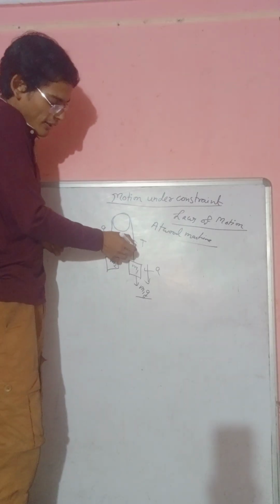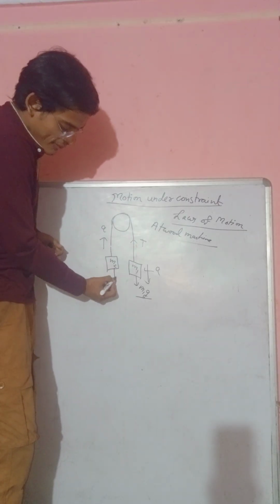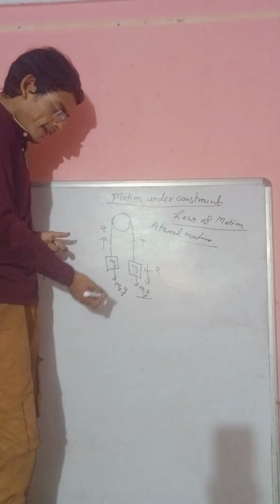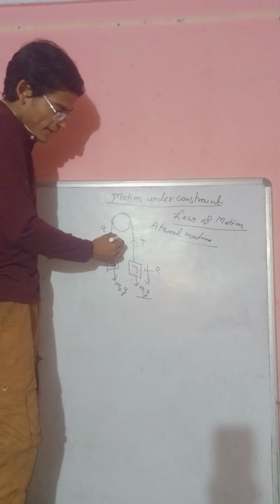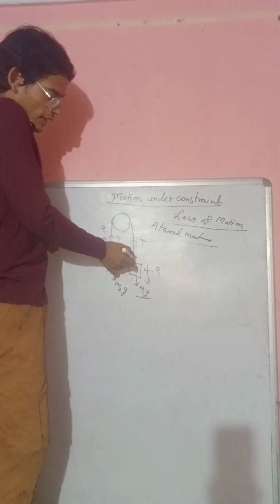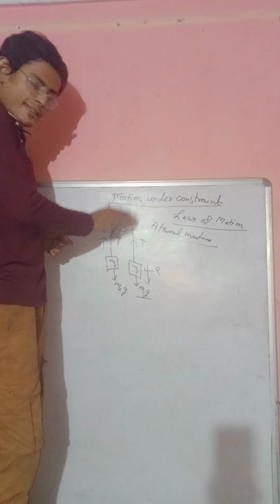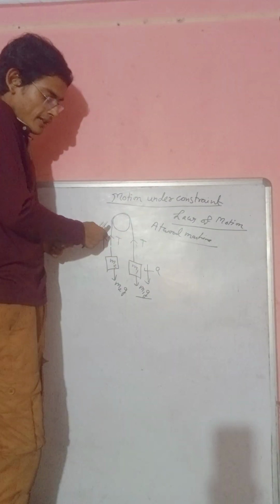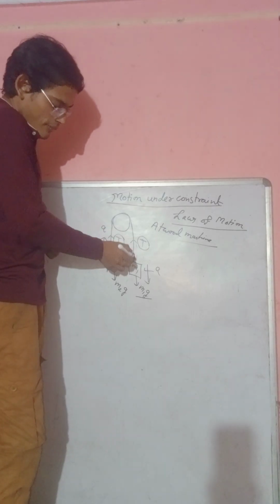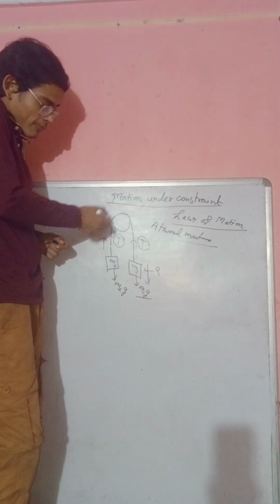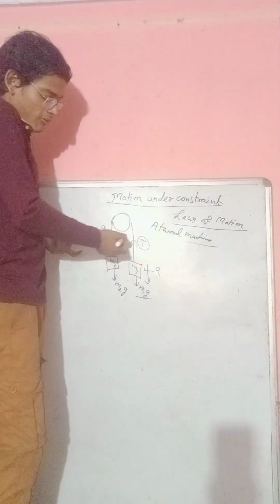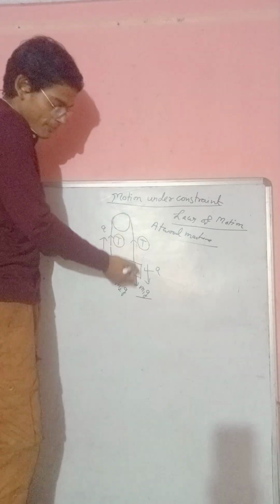Similarly, this mass has its weight, which is M2g, and again the string will feel the tension force T. Now, since it is the same string, the tension force remains the same, because the string has been passed over the pulley. So the tension force for both parts of the block will be the same.